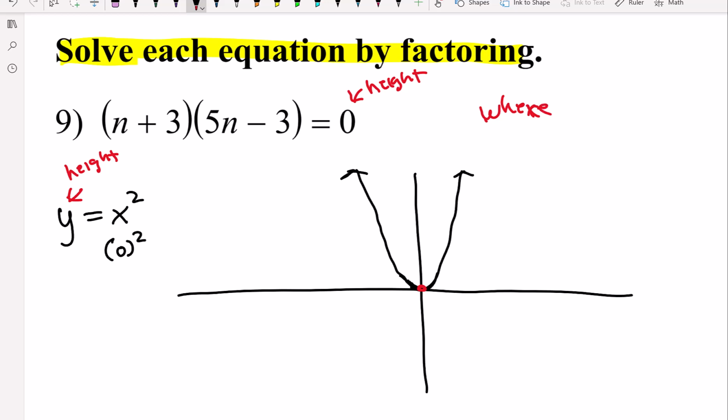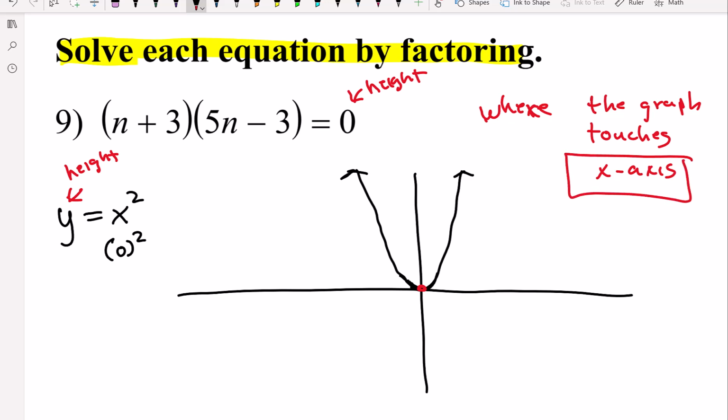if the height is 0, that's where the graph touches the x-axis. Where the graph touches the x-axis, that's the solution.